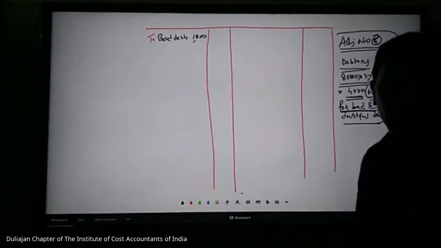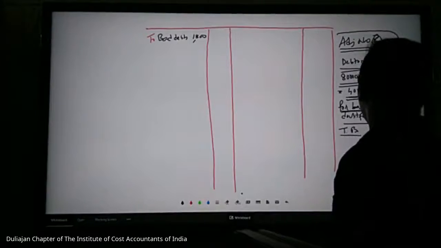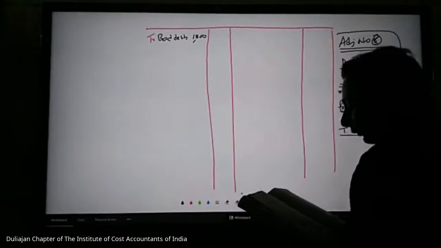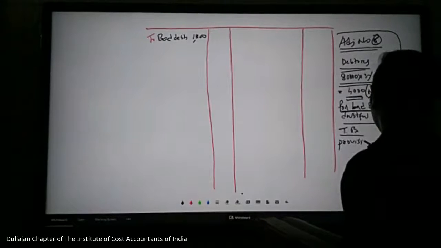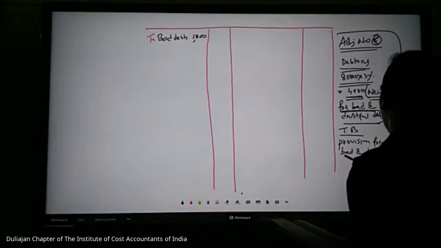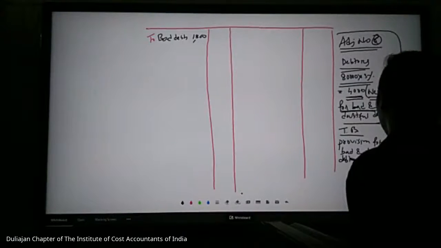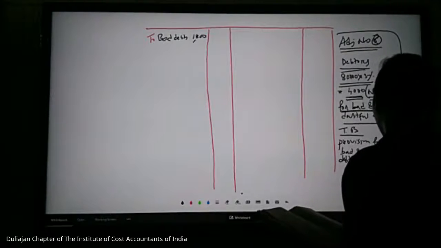And in the trial balance, credit side, provision for bad and doubtful debt amount 2,100.